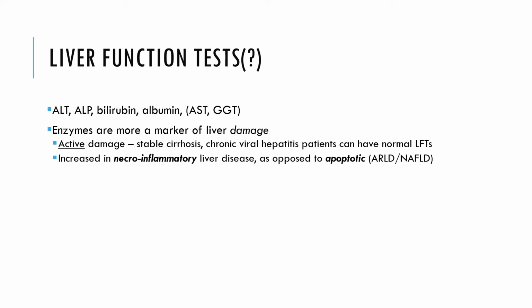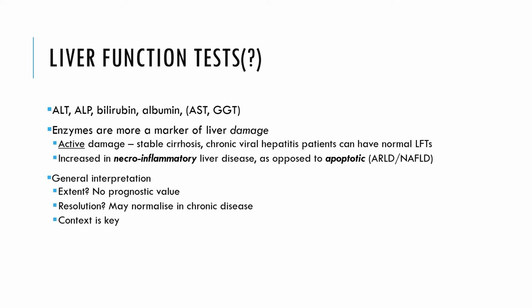So this means that there is active hepatocyte necrosis with spillage of the hepatocyte content into the blood, as opposed to apoptosis, which is more programmed and does not involve the same spillage of enzymes. Apoptotic diseases are things like alcohol-related liver disease and NAFLD, and can occur with quite significant disease burden, but normal liver enzymes.